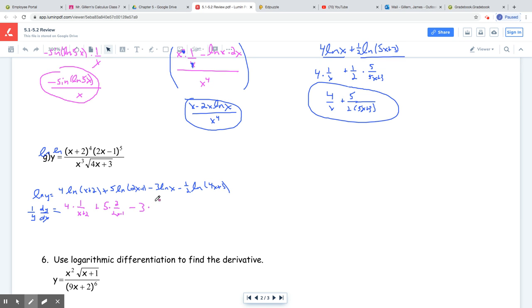3 times the derivative of natural log of x is 1 over x, minus 1/2 times the derivative of natural log of 4x plus 3, which is du over u. So it's 4 over 4x plus 3.